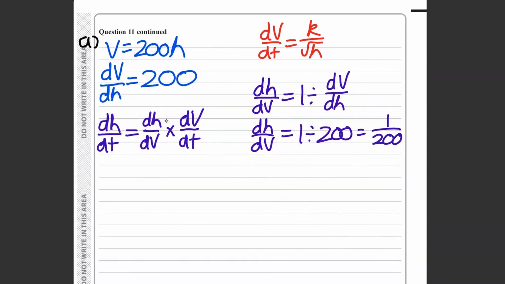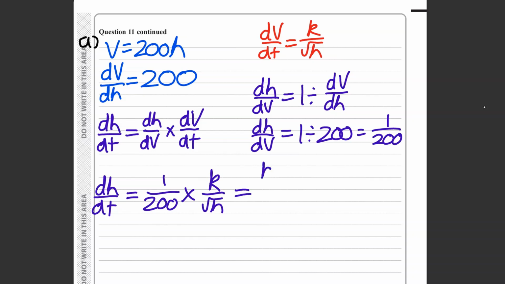So therefore dh over dt is equal to dh over dV, which is this 1 over 200, multiplied by dV over dt, which is this k over root h. If we bring this 1 over 200 into the numerator, it becomes k over 200 over root h.